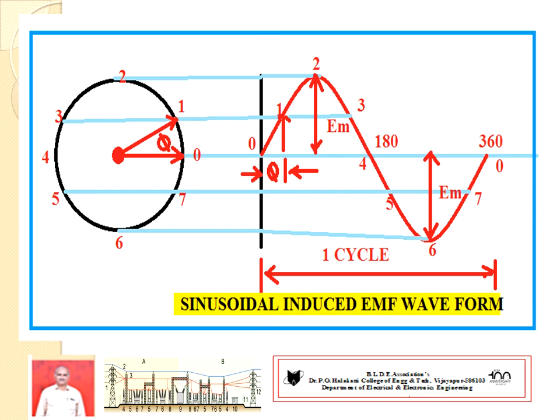Em is the maximum value. So at any instant of time, you see the phasor from center to 1 remains the same. That means maximum value remains same. So how does theta change? Sin theta value changes. Getting the idea? So it is also termed as sinusoidal induced EMF.